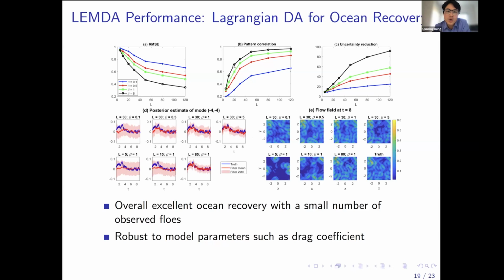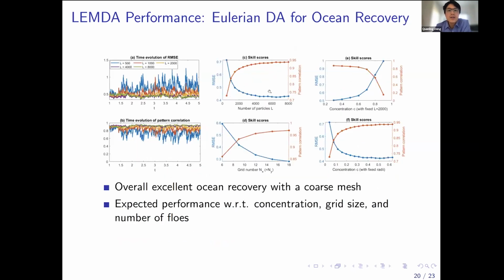In this case, with 20 floes, the pattern correlation is around 0.6, where in this case it is a little bit smaller. So it's robust to model parameters such as drag coefficients.